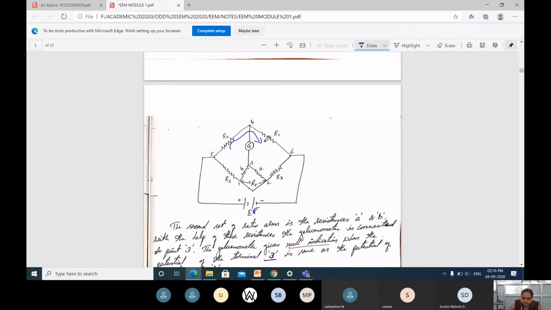Here, when the galvanometer shows null deflection, the resistances R1 and R2 are in series.